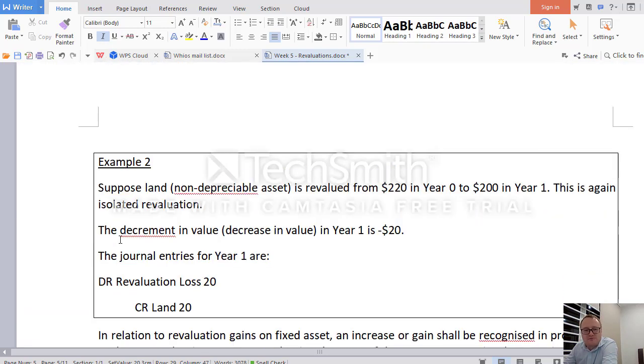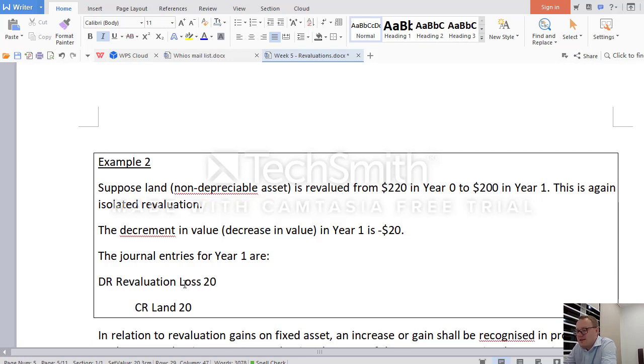Okay. What about if we revalue non-depreciable asset land from 220 to 200? You see, now it is a downward revaluation. What's the increment? $20. It's actually not increment, it is decrement. Decrement means it's a decrease in the value. So the value of land decreases, so credit. We debit what? Revaluation surplus and reserve? No. It is a loss, and loss is immediately recognized as loss.